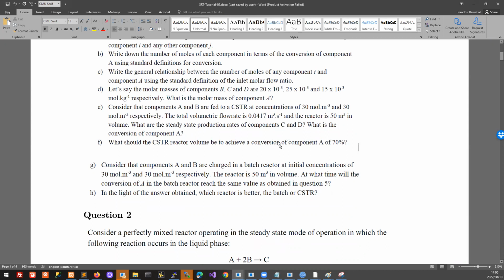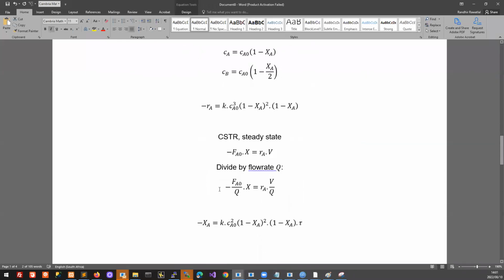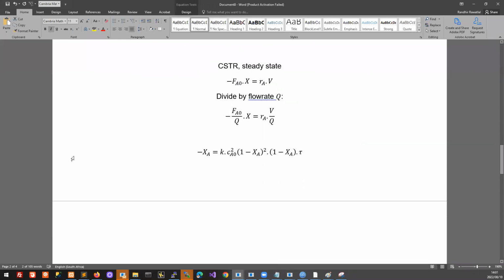And here's another slightly more interesting one. So what should the volume be if we want to achieve this conversion for A? Right, so that's slightly different now. Here's our expression. So this is still true, but we should rewrite this tau as V over Q. Right, so we assume that we are not changing the flow rate.